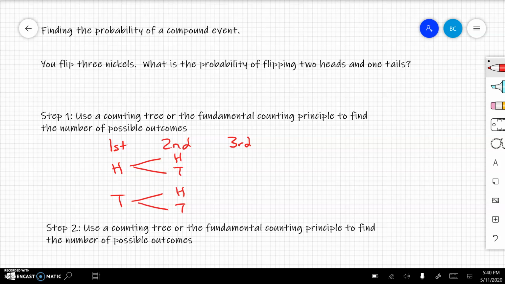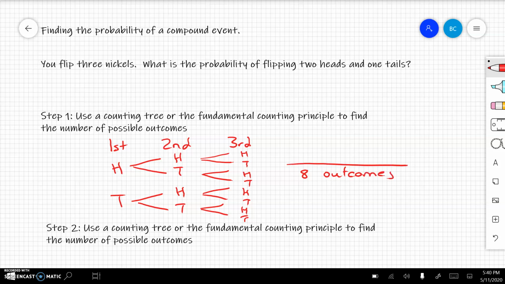And then on the third nickel, I could also do a head or a tail. You get the idea and see the pattern. So I have a total of 8 possible outcomes. So that's going to become the denominator of my probability.